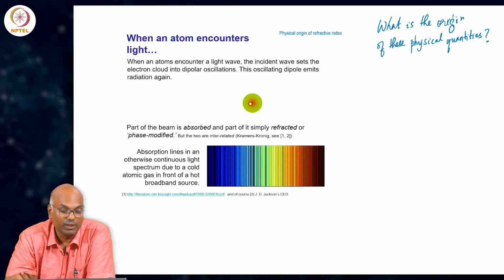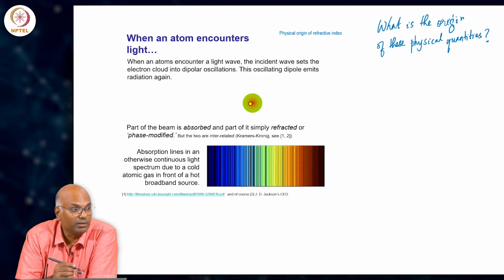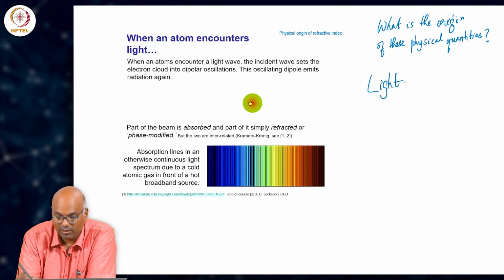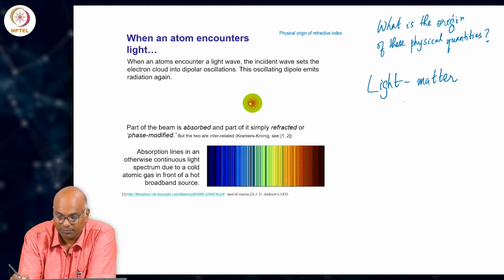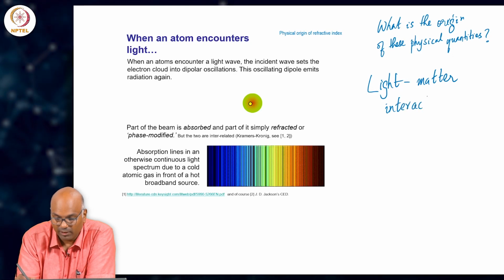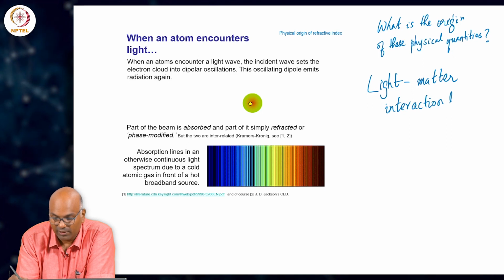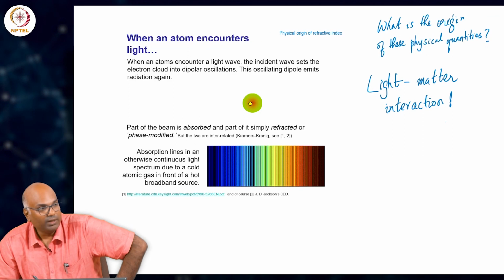The answer turns out to be furthermore complex. In the case of studying these phenomena, we have two entities. We can say this is light and matter interacting with each other, and we have to take the term interaction very seriously. Okay. So, by which we mean two questions.